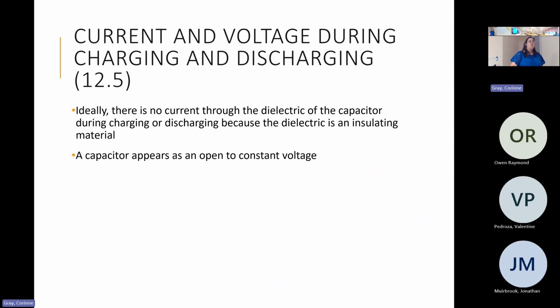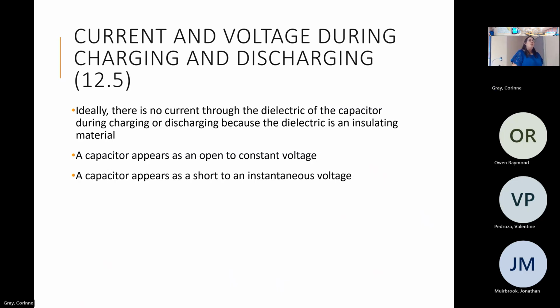Because we talked about it a little bit last time, it's a dielectric, no current flows through that part. We are treating it like an open or a break. If we are utilizing Ohm's law, and this is the part that's a little bit weird, if we're looking at an instantaneous value, we are going to treat the capacitor as a short.